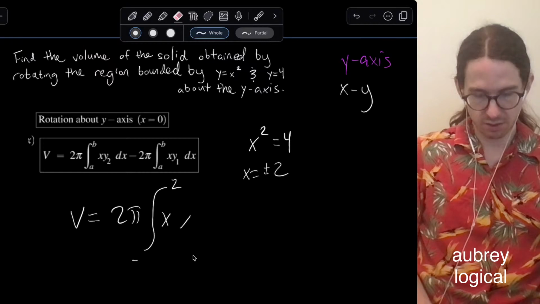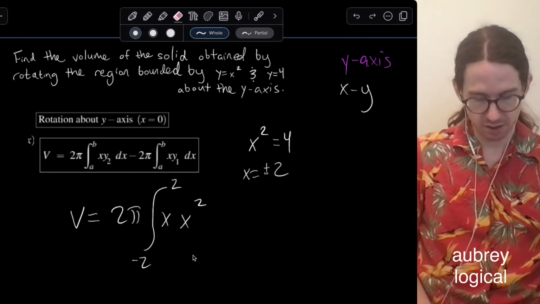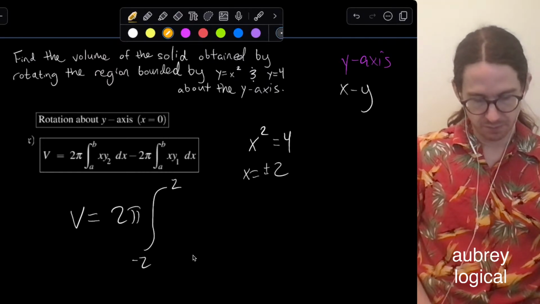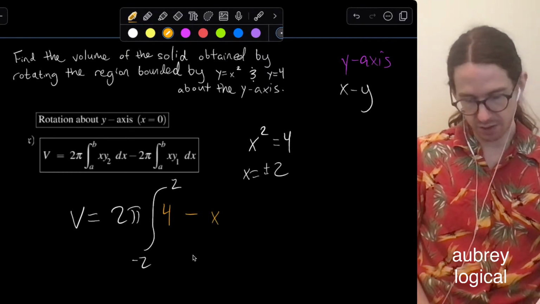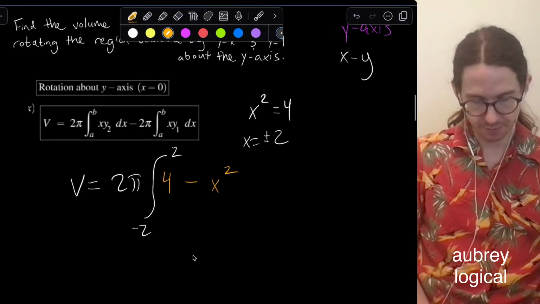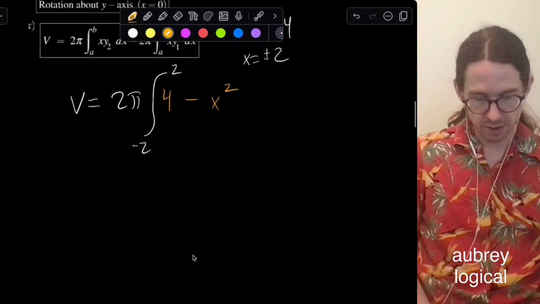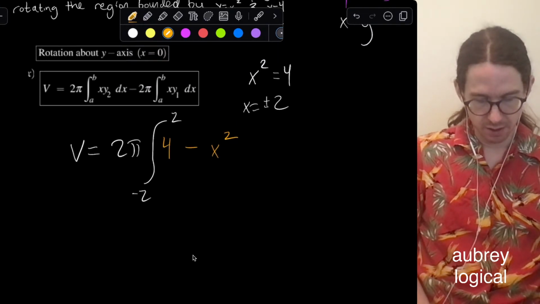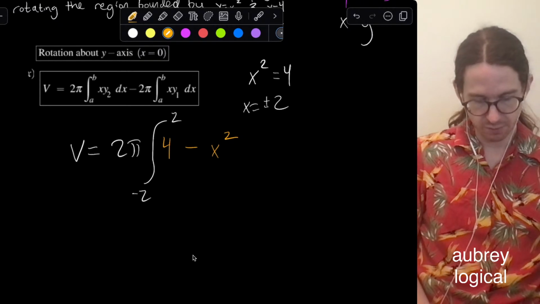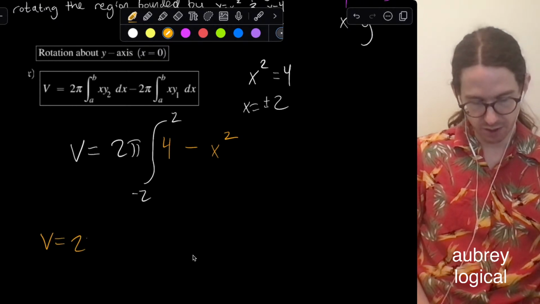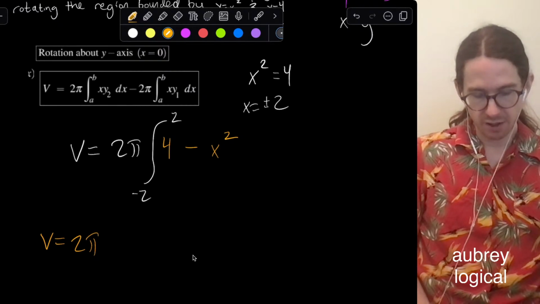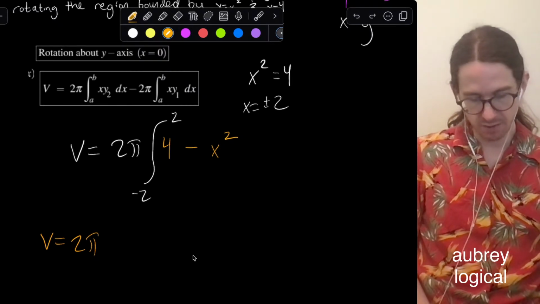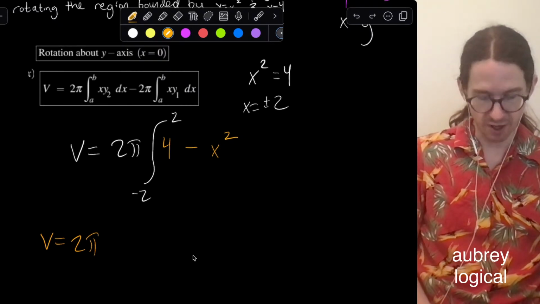Here, let me turn this music down. So, let's rewrite this. 4 minus y squared. So let's do volume is equal to 2 pi. The indefinite integral of 4 is just going to become 4x.